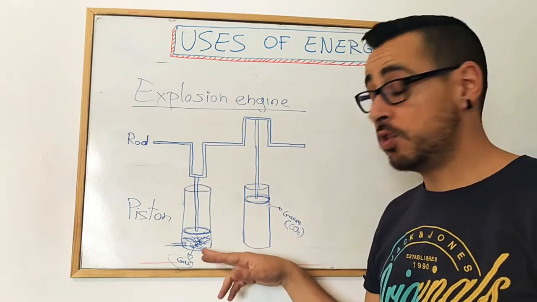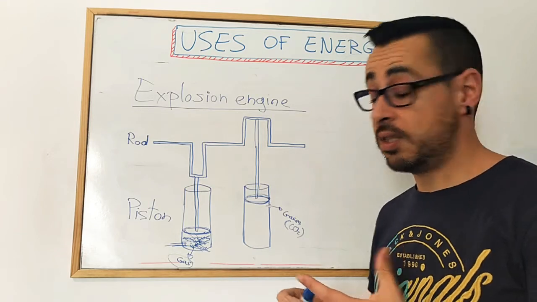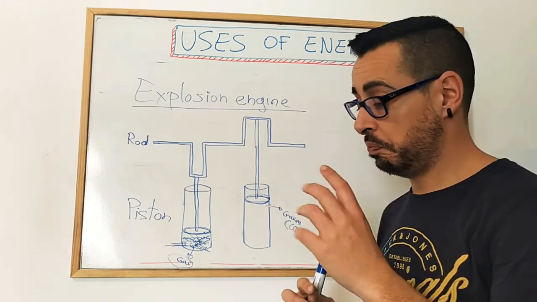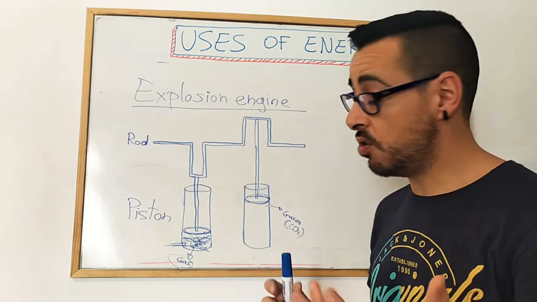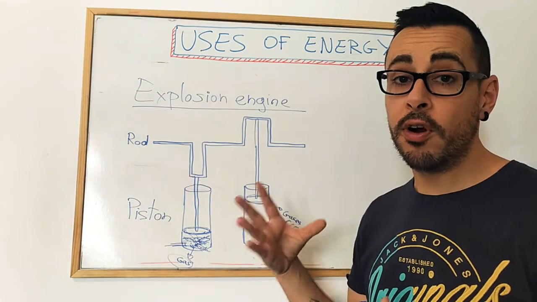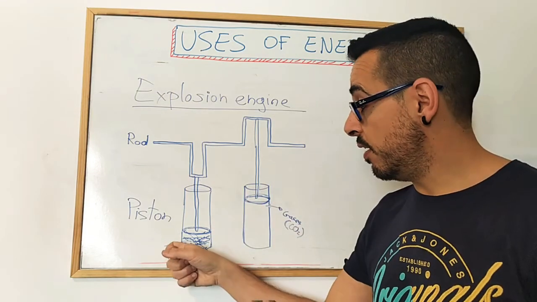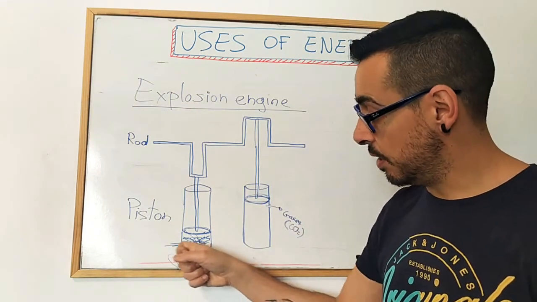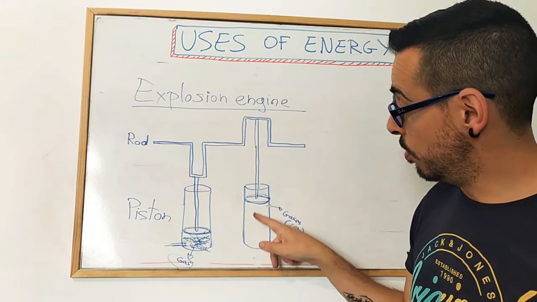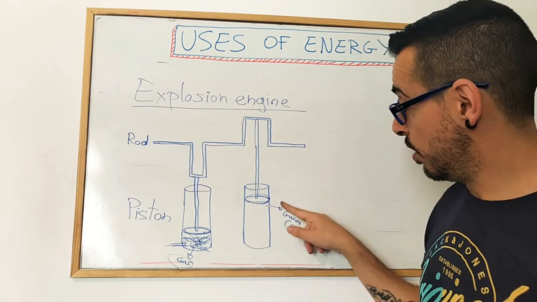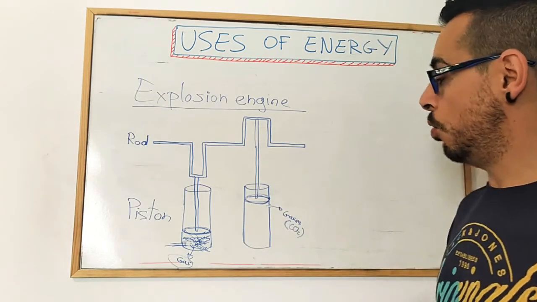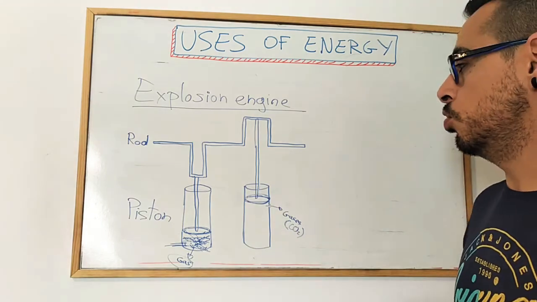It's the same process, but instead of gas they have coal, carbon, and they burn coal for heating water, and the vapor of the water gets inside. It moves the piston, and when the piston gets up, the vapor goes out and comes down again. Okay, so I hope you understood this. It's not so difficult, no?